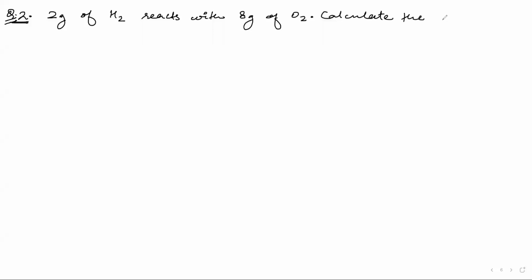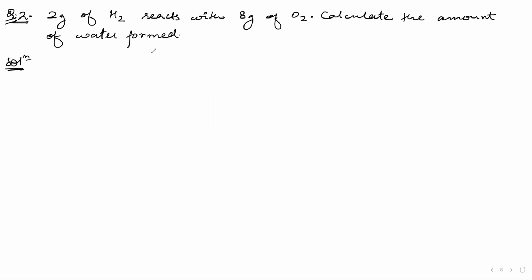Calculate the amount of water formed. So whenever you see that the amounts of 2 reactants are given, you will apply the limiting reagent. Whenever the amount of 2 or more reactants is given, you will apply the limiting reagent.